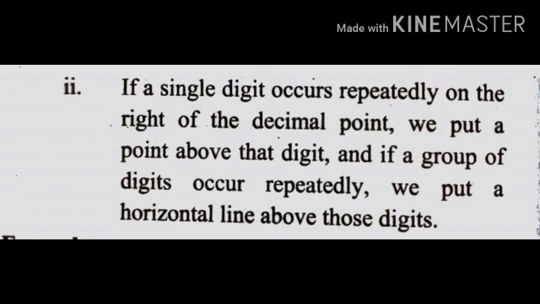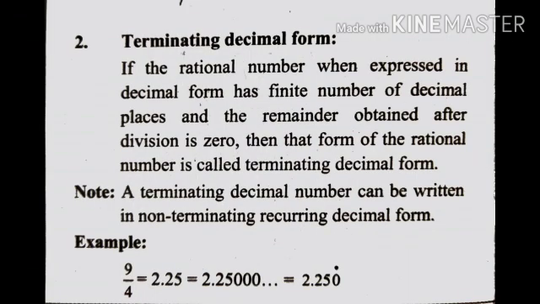Whenever a single digit occurs repeatedly on the right of the decimal point, we put a dot above the digit. And if a group of digits occurs repeatedly, we put a horizontal line above those digits.